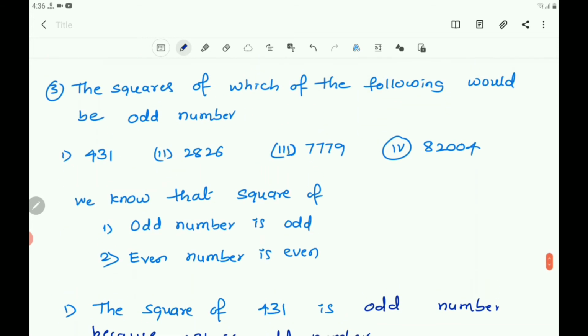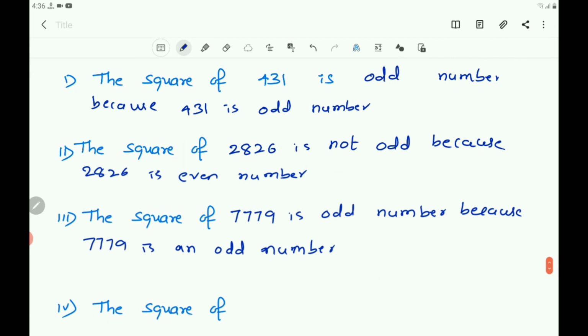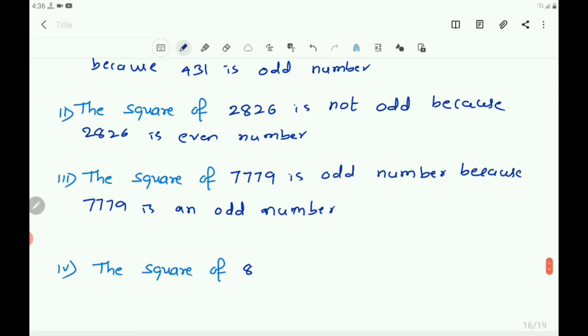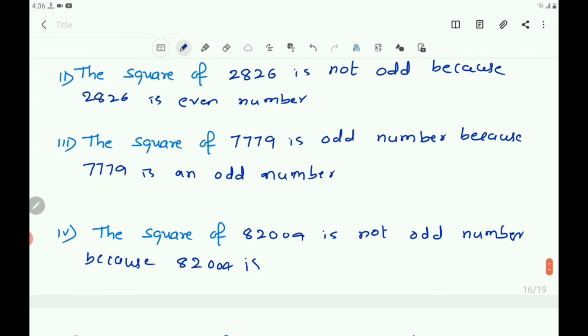Next, the square of 82,004 is not an odd number. Why is it not odd? Because 82,004 is an even number.